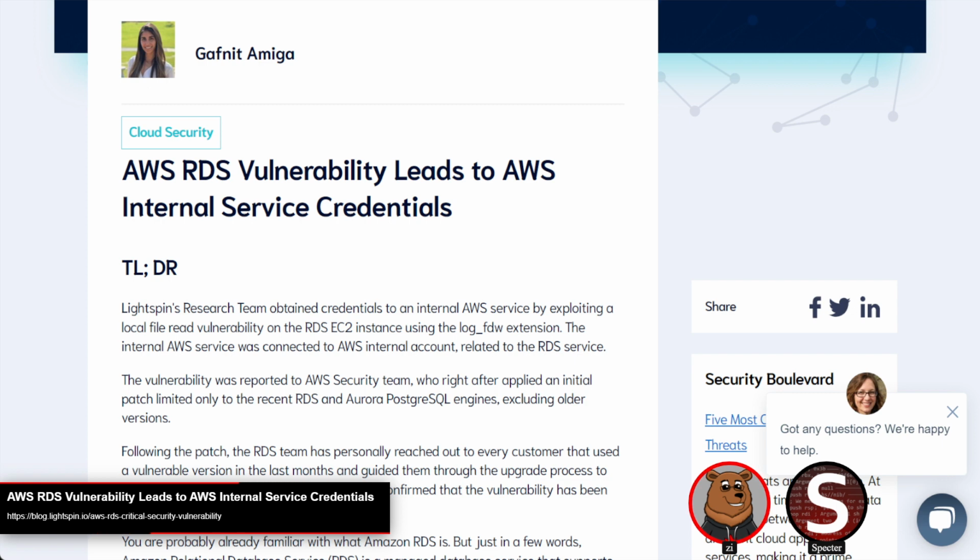If you're not familiar with RDS, or Relational Database Service, this is effectively just a managed database service. You can spin it up with whatever supported relational database engine you want. So think like MySQL, SQL Server. They have their own forks like PostgreSQL, I don't know how to say that one, PG SQL, and MySQL.